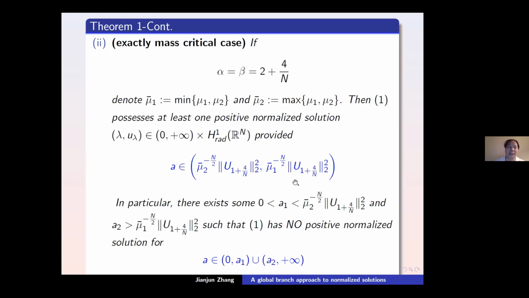Also, we can show that if the mass is small enough or large enough, problem 1 has no positive normalized solutions.